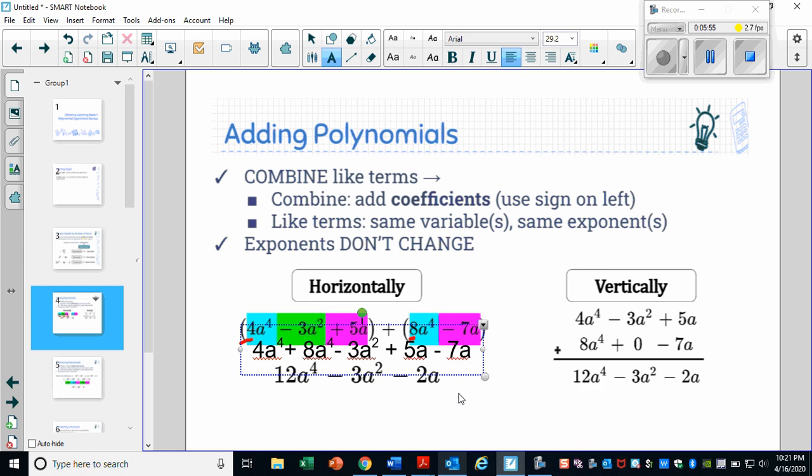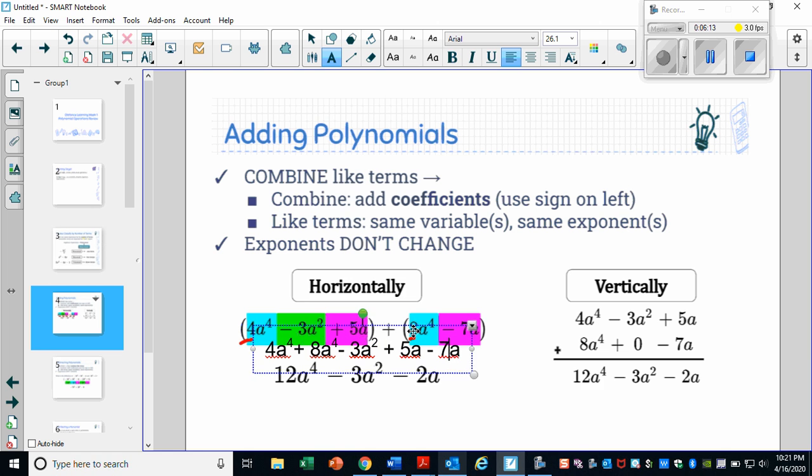Now, the key for this whole problem, some of us were not sure whether we were adding or multiplying, especially anybody who thought this was a multiplication problem.